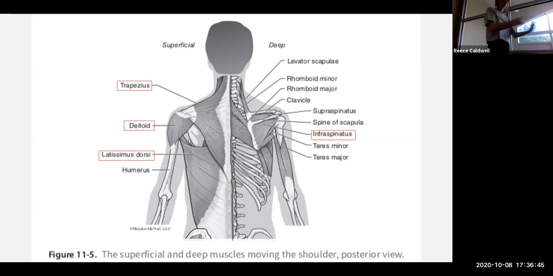Rows are great for the lats. There's that machine at the gym where you start up and you pull it down, and you pull it down. Any type of pull is going to be good for the back of the body. Any type of push is going to be good for the front of the body. So pulls are good for back, push is good for front.